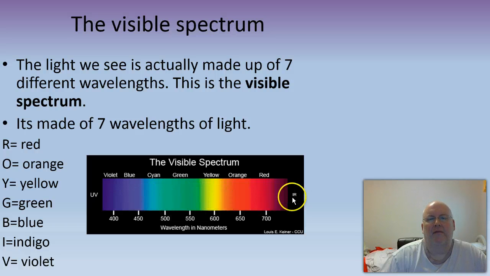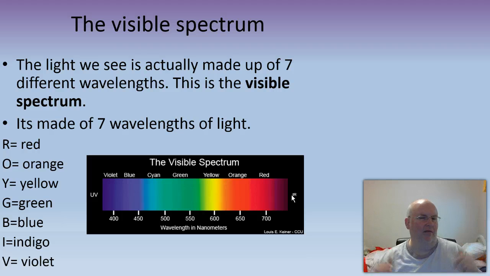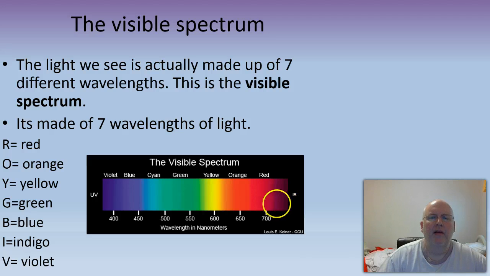And you see on the far end, IR means infrared, and on the left, UV means ultraviolet. Those are not part of the visible spectrum, but they're just outside it. So we can't see those wavelengths with our eye, but they're very close to the visible spectrum. Notice that the wavelength in nanometers increases as it gets towards red.